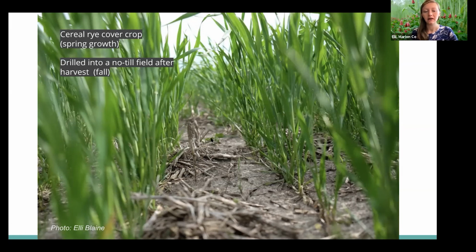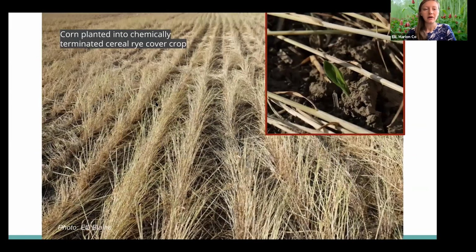So this farmer, getting back to minimizing disturbance, did not till prior to planting, and post-harvest drilled the cereal rye directly into the field. And this growth is what you see in the early spring with that cover crop.